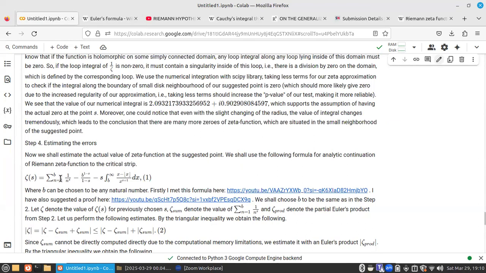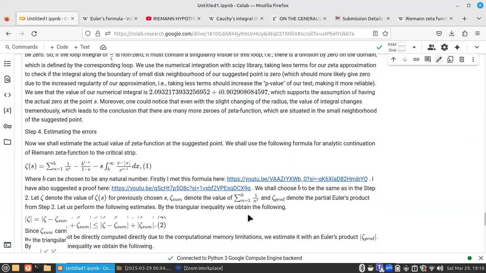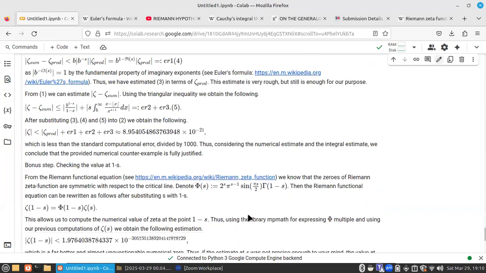We shall just bring this sum to the left hand side, and after that we'll just take the absolute value of both parts and split it by a triangular inequality, and we obtain this. So we obtain this number and this number.